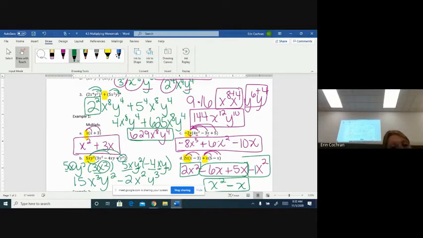Well, we just have 1 5, right? We have 1x. Now, y squared times y squared is y to the 4th, right? Now, as you look at that, I kind of ran out of room here.